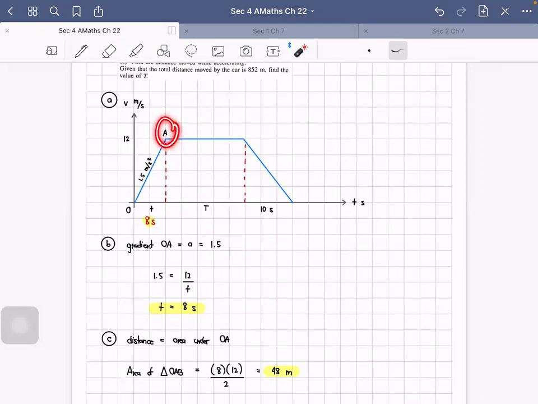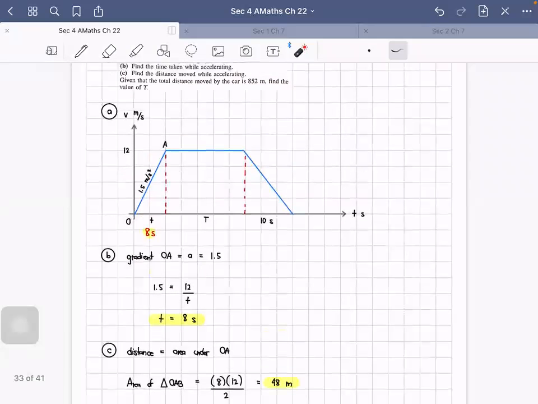By the way, class, I just labeled this A. If you don't want to label this point, it's fine, but I'm doing this so you can see where the line is. So get the area of triangle OAB: 8 times 12 divided by 2. That's also the distance from O to point A. So after accelerating for 8 seconds and reaching 12 meters per second, the distance covered is 48 meters from O to A.